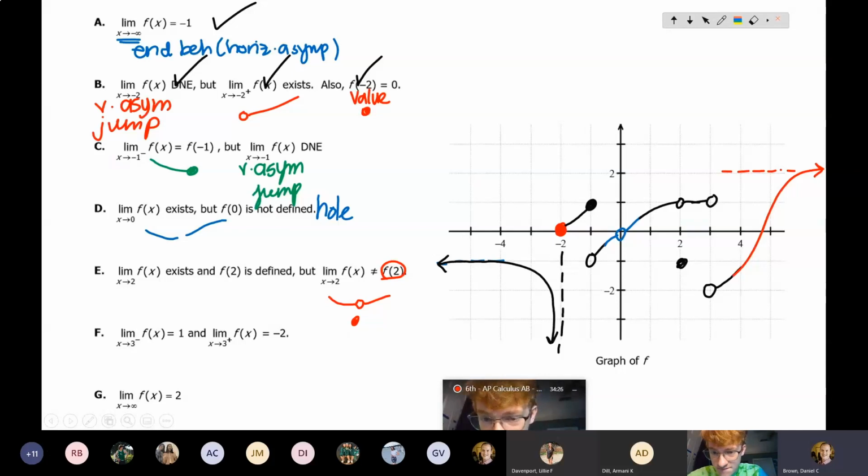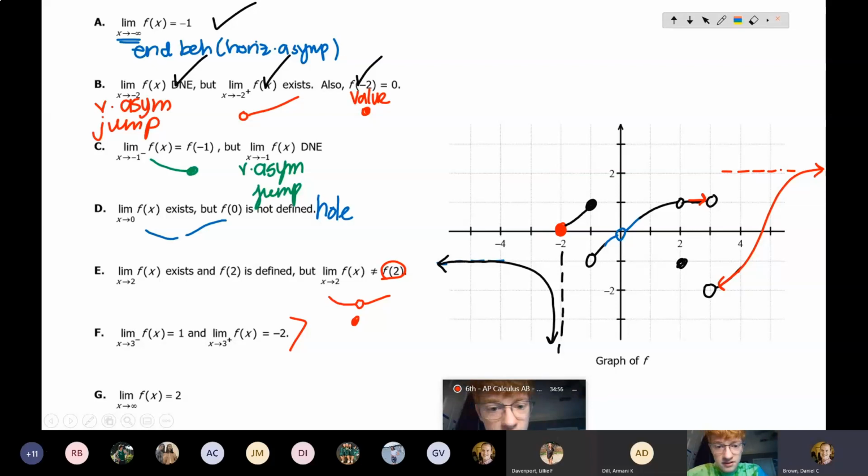Oh, the value of 3, looking at F. F tells me that coming in from the left, I'm reaching the y value of 1. When I'm coming in from the right, I'm going to the y value of -2. Okay. So it jumps from 1 to -2. Okay.